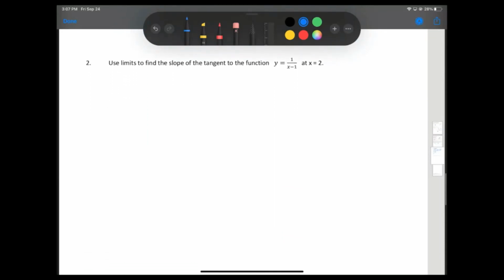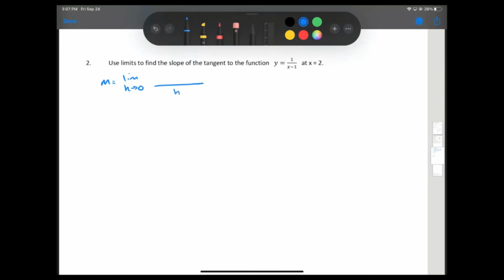Use limits to find the slope of the tangent to the function y equals 1 over x minus 1 at x equals 2. All right, slope equals the limit as h approaches 0. And this time, just to save a line, I'm going to say it or think about it, but I'm not actually going to write the whole thing out.